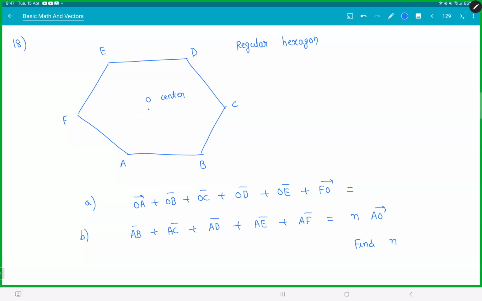Be careful, in the first one I reversed this thing. It is not OF bar. So we got a hexagon here with 6 vertices A, B, C, D, E, F, and O is the center. If I add the vectors OA, OB, OC, OD, OE, and FO, what will I get as resultant?